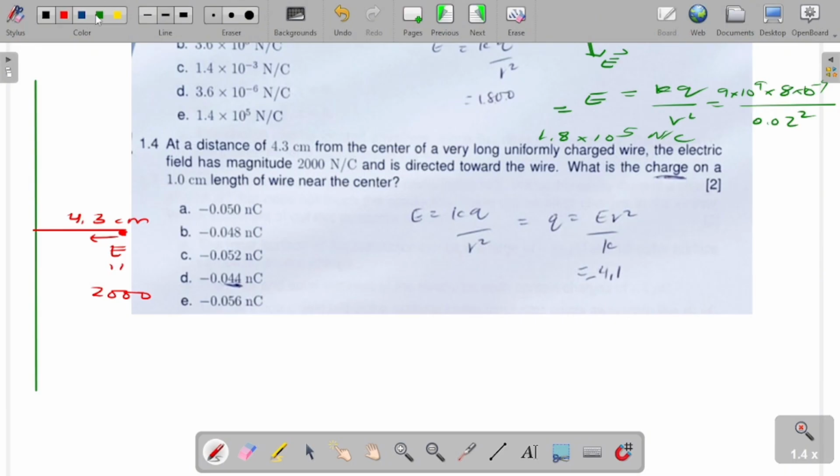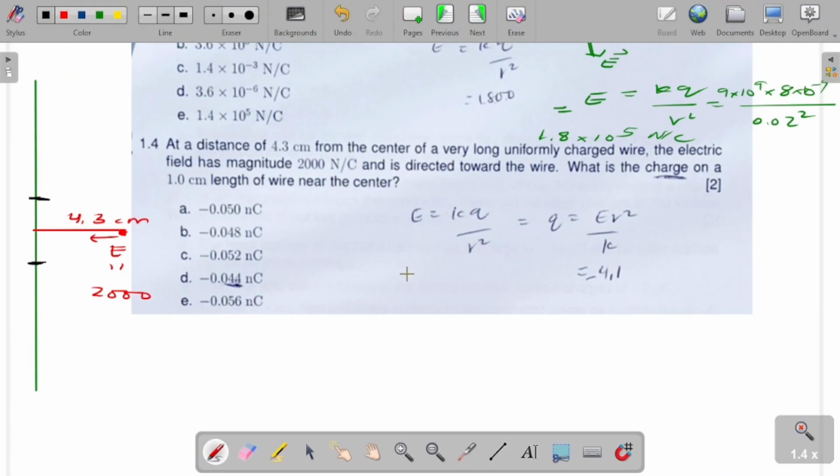So they're saying on your wire, choose 1 centimeter, and tell us the charge on that 1 centimeter.